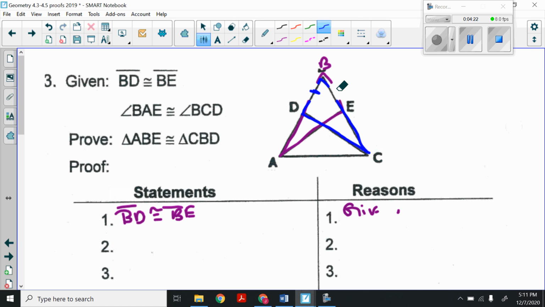That's what they told us. And then they told me angle BAE is congruent to angle BCD, also given. So angle BAE, that's this little angle here, congruent to angle BCD, that's this angle here.